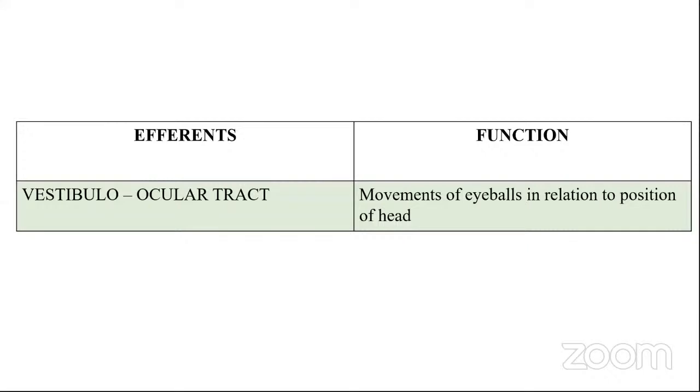It passes through the medial longitudinal fasciculus, and it has connections with the third cranial nerve, fourth cranial nerve, and sixth cranial nerve, which are concerned with eyeball movements.